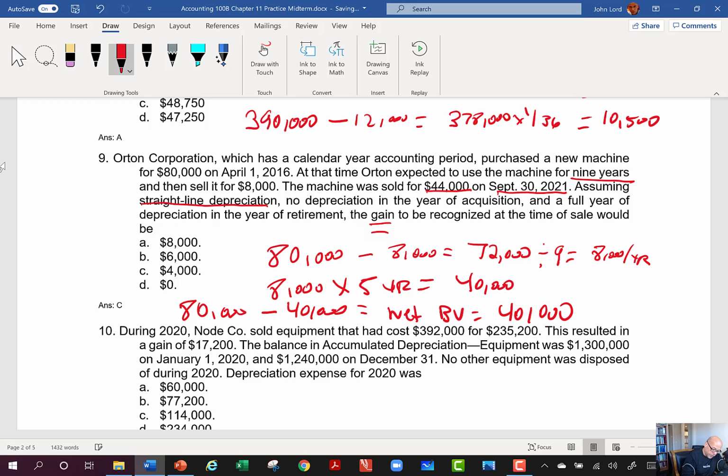I sold the thing for what? For 44,000. If I sell something with a book value of 40,000 for 44,000, that constitutes a $4,000 gain. All right, good. And I could very well give you a question like that.